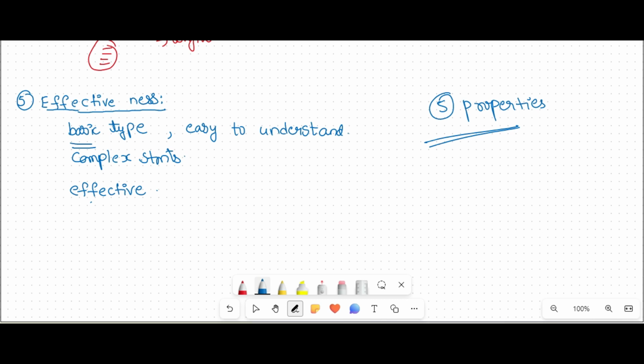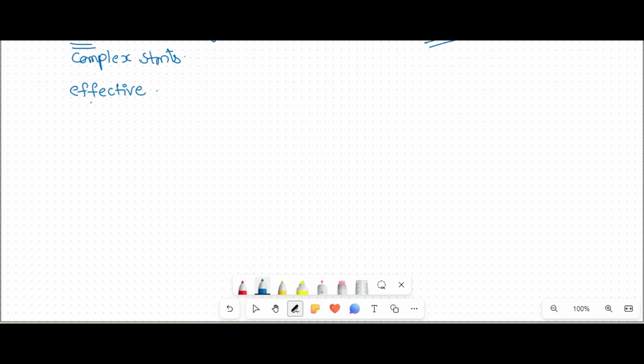For example, consider one example algorithm: the average of 3 numbers. We will write an algorithm, then we will check whether all these 5 properties are satisfied or not.